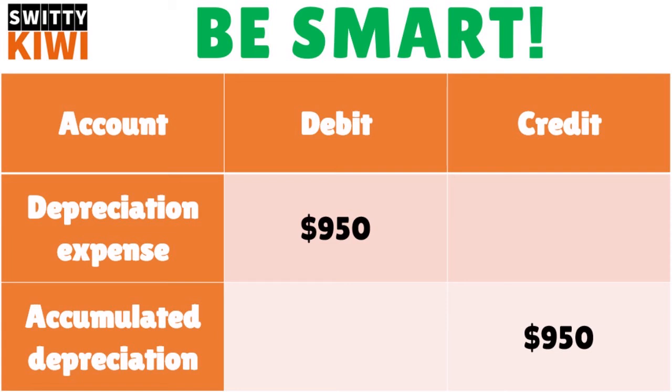On the balance sheet, you would see accumulated depreciation on the asset side. You will not see it on the liability side. You will see the asset being recorded at purchase price, and you will see less accumulated depreciation, and that will give you the book value of the asset. So you take purchase price minus accumulated depreciation to get book value.